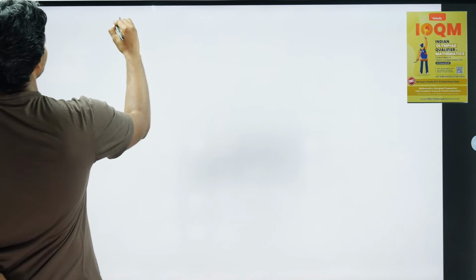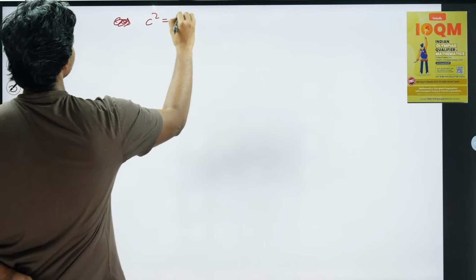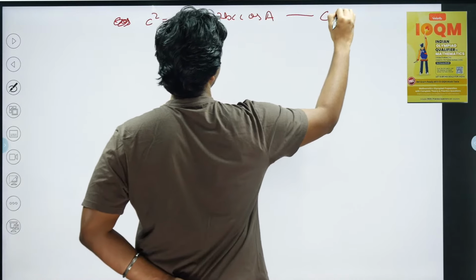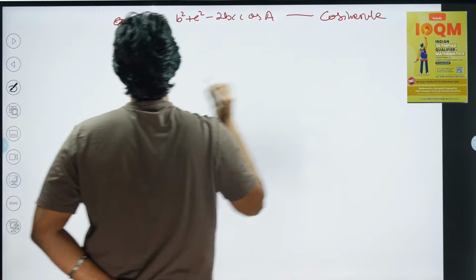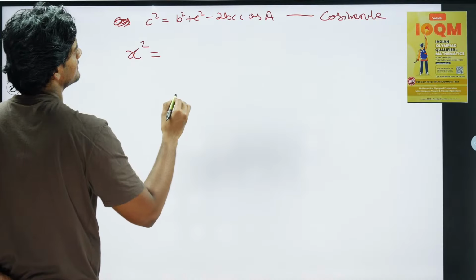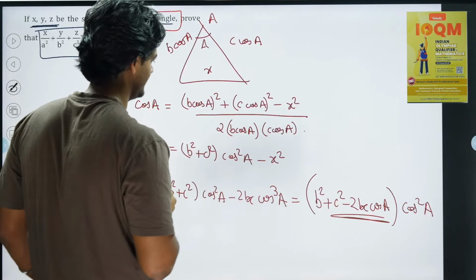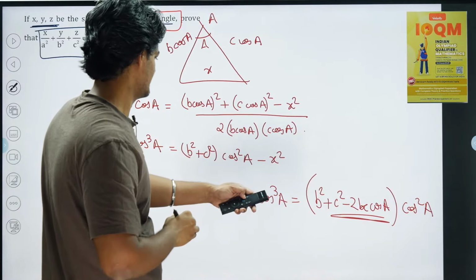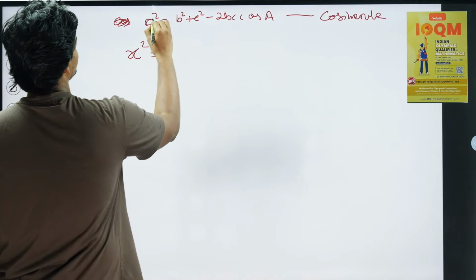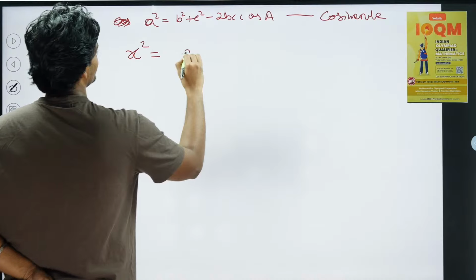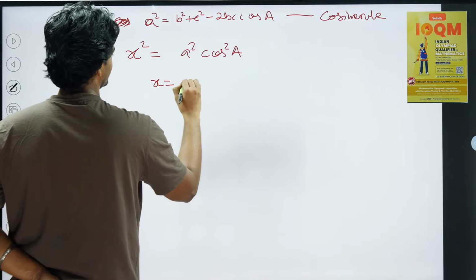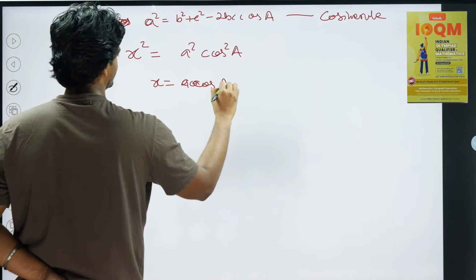By the cosine rule, a square is equal to b square plus c square minus 2bc cos A. So we simply have X square is equal to a square cos square A. X is equal to a cos A.